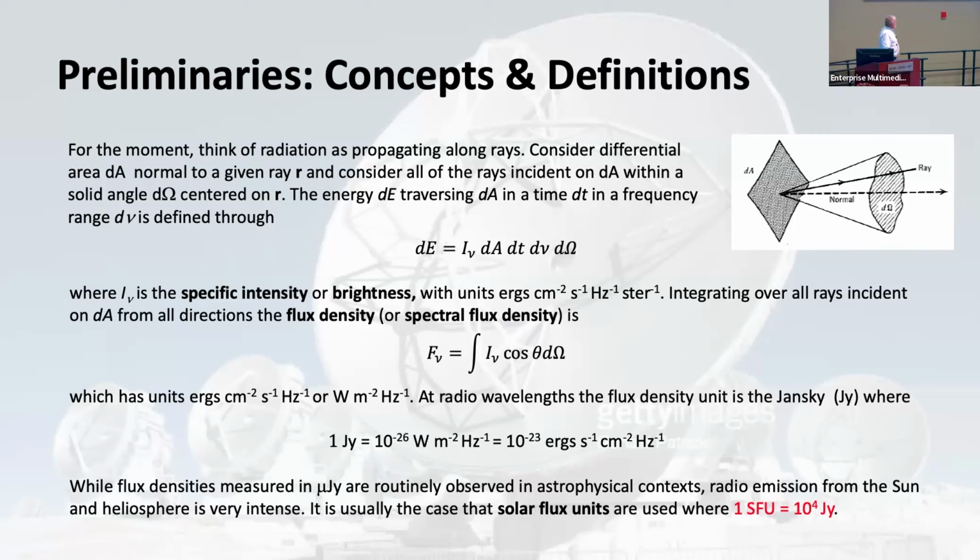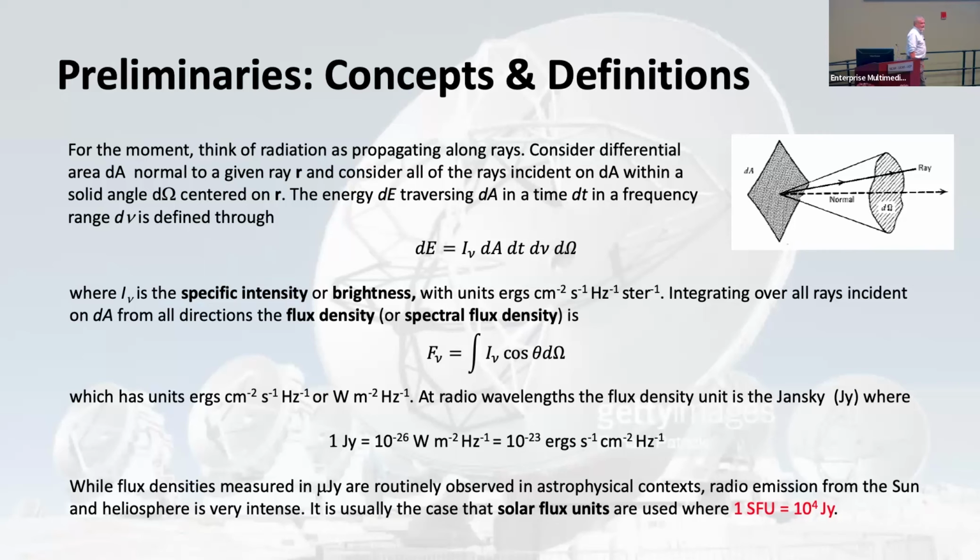And at radio wavelengths, we use a funny unit called the Jansky to measure flux density or spectral flux density. And it has awkward units. The SI units are 10 to the minus 26, a very tiny number, watts per meter squared per hertz, okay? And it's even worse in CGS, ergs per second per centimeter squared per hertz. Specific intensity, per steradian, okay?